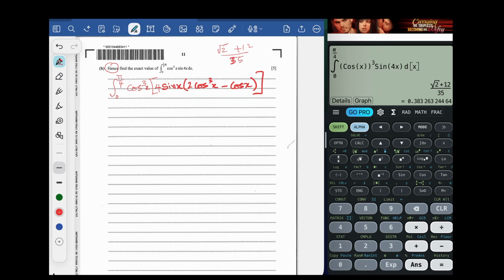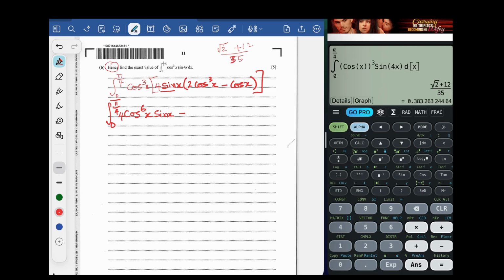All right, so for now, let's see. If I expand this, it will give me the integral from 0 to pi by 4. This will be cos to the power of 6 x, with 4 here, 4 times sine x, minus, multiplying this by this, cos to the power of 4, and 4 will be out here also, then sine x.